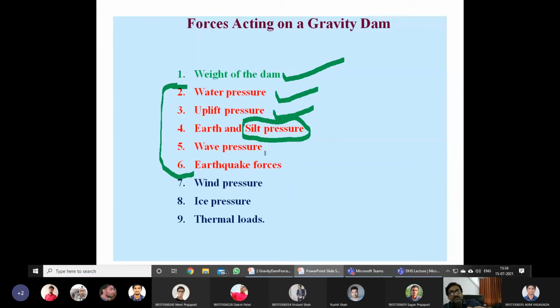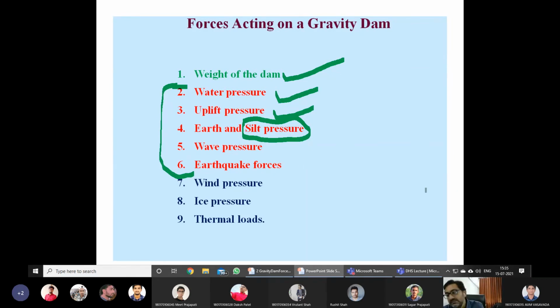If there is a wind velocity of 80, 90, or 100 kmph, it will generate waves, and the wave height will come as a thrust onto the dam wall. So we have to look into how the wave height affects the dam structure, especially on the surface, and what the measures are to correct or check the impact of these waves.